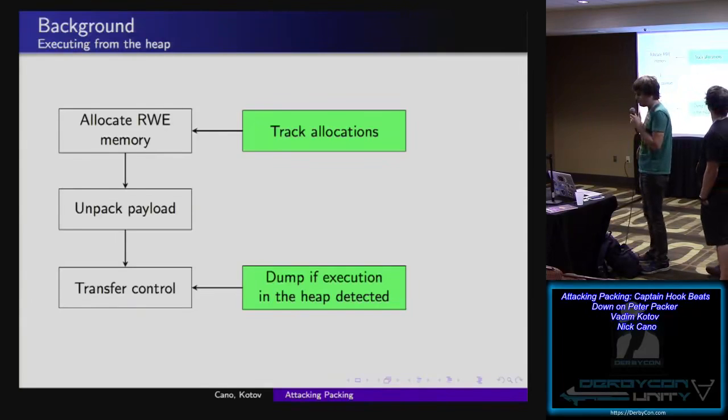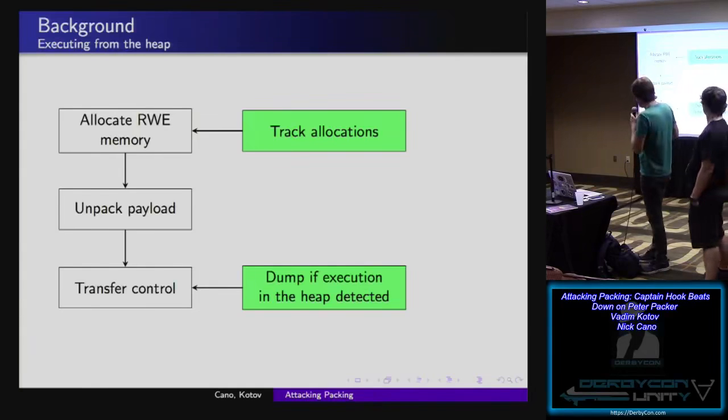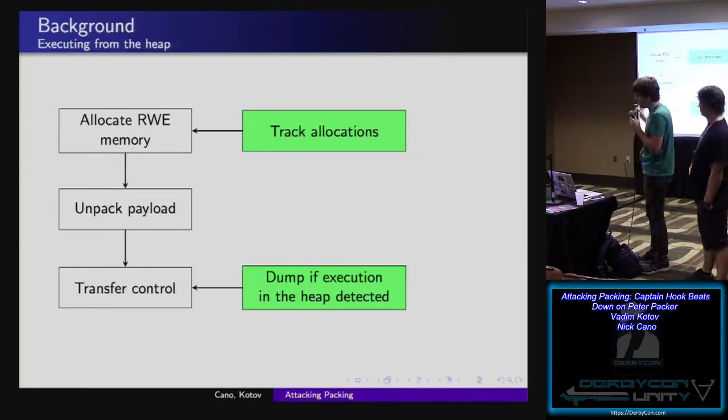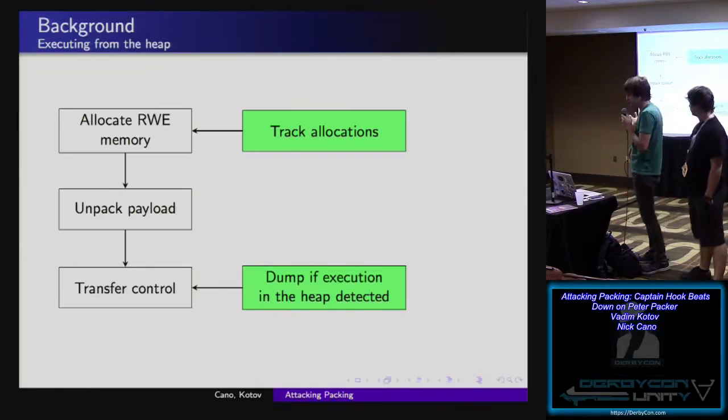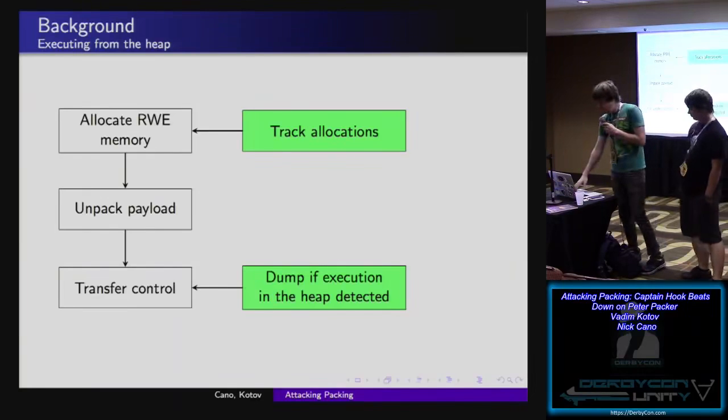It can jump to that code, it can call it as a function, it can mess with the stack or exception handlers, whatever. So in this case, the generic unpacker should track the allocations and watch out for memory that is accessible for execution. And when execution in that memory region is detected, dump that memory region, where we think the malicious payload should be.